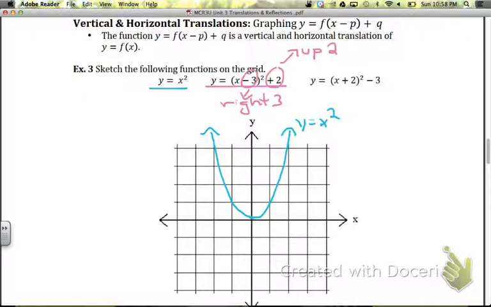So starting at the origin, we're going to move right 3: 1, 2, 3, up 2: 1, 2. And we get our point here at 3, positive 2. And then similarly with our other points here.